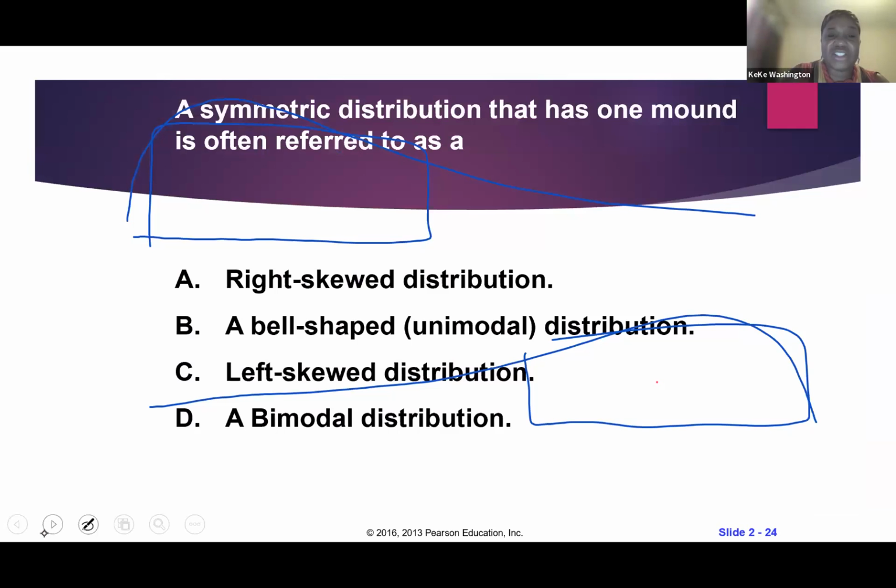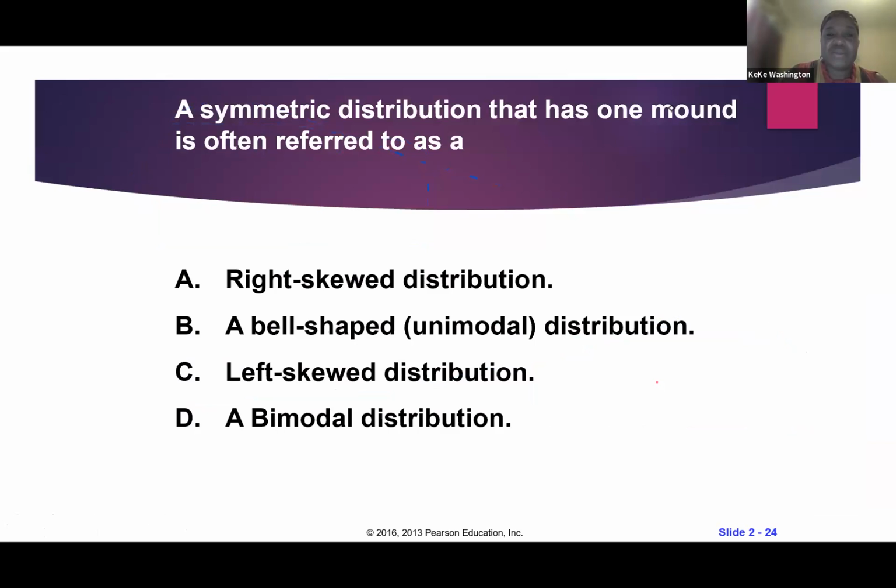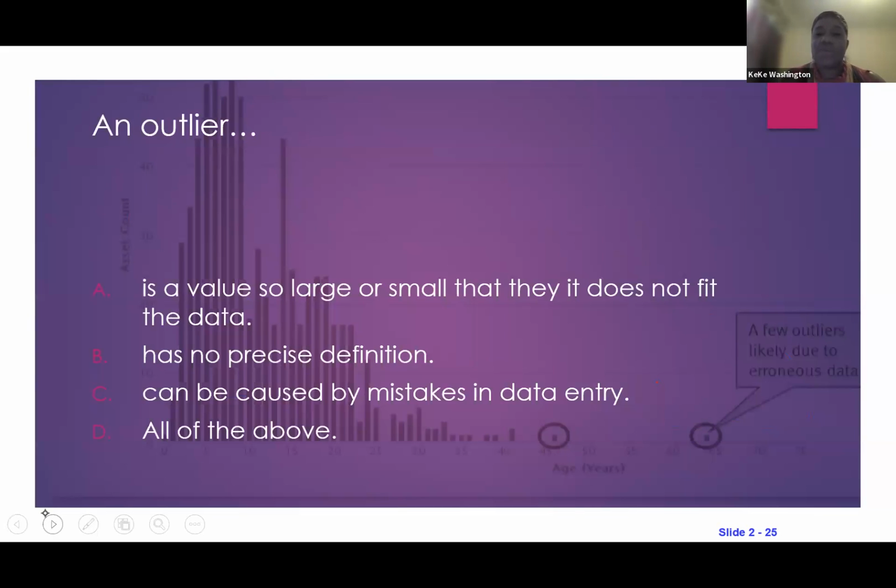Next question, outlier. We've already dealt with that. When you're dealing with an outlier, you're just looking for, is there a data value that's kind of far off, doesn't really fit the data? Now, the thing about outliers is there is no precise definition for outliers. So you would hear us say, this is a potential outlier or possible outlier.